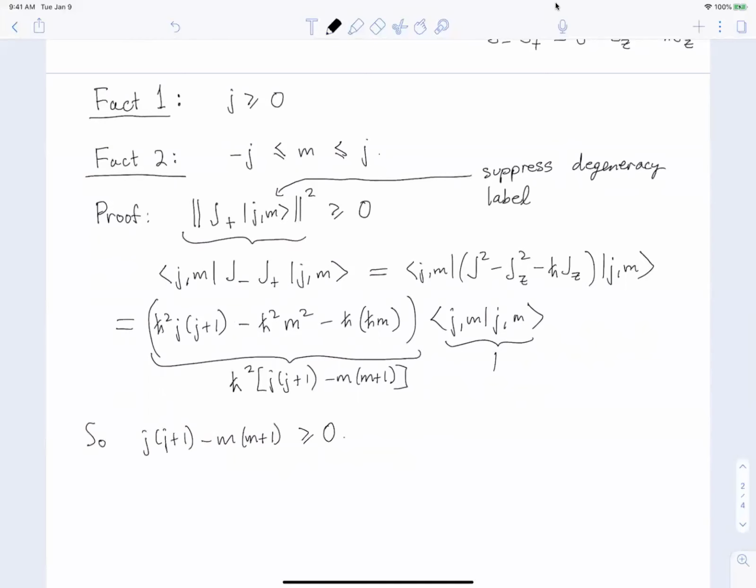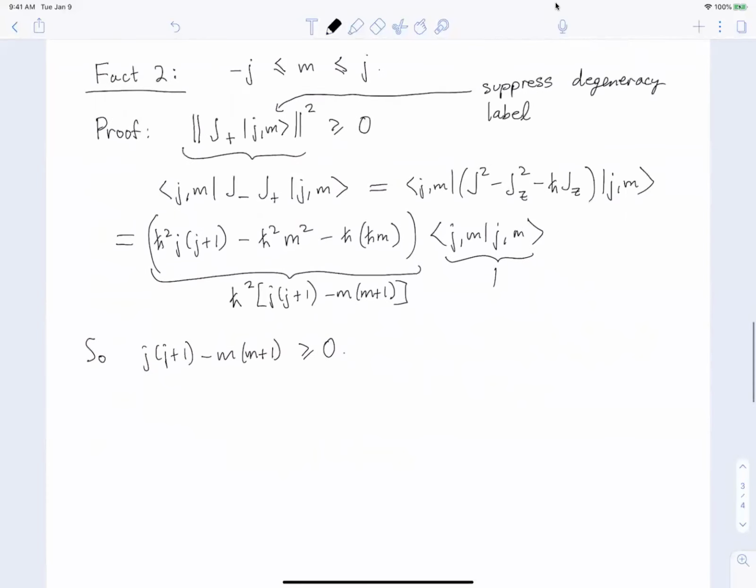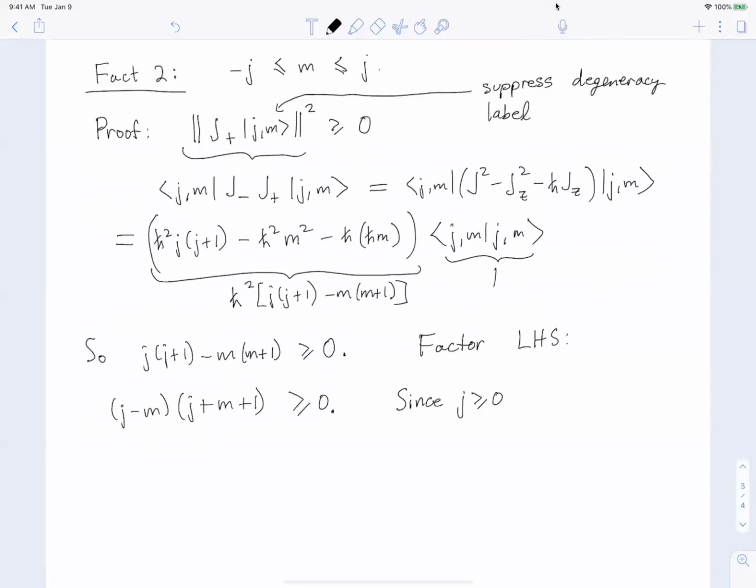And now we can rewrite that by factoring it. So we're going to factor the left-hand side, which we can write as j minus m times j plus m plus 1. That has to be greater than or equal to 0. Okay, and so now, since j is greater than or equal to 0, it must be true that m is less than or equal to j.